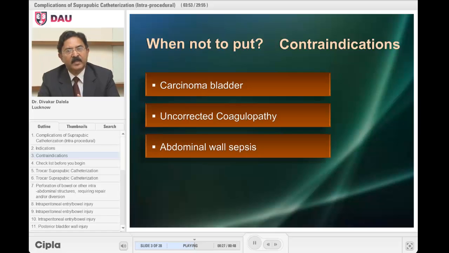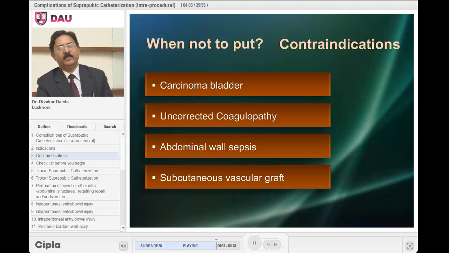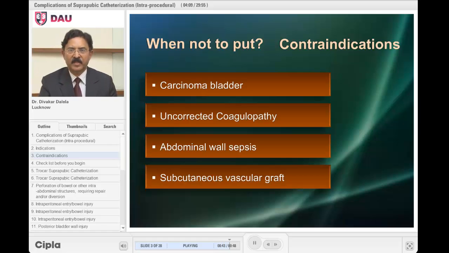Anybody who has sepsis on the abdominal wall, this procedure should not be done. And anybody who has a subcutaneous vascular graft, femoral or ilioiliac kind, which is running transversely in the subcutaneous space in the lower abdominal wall, this should not be done.